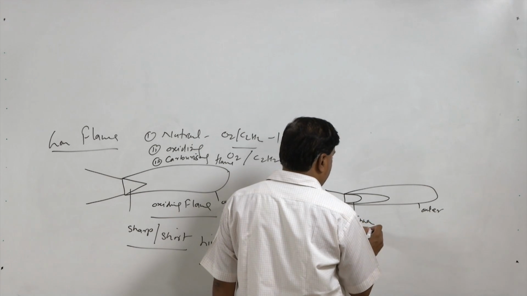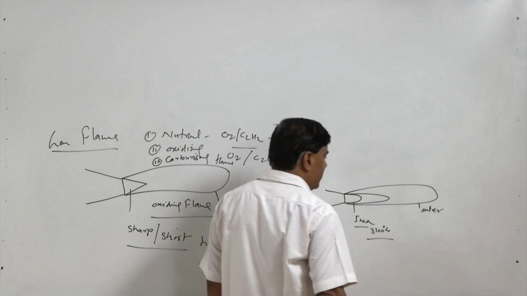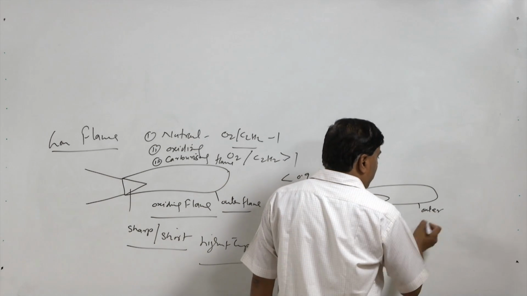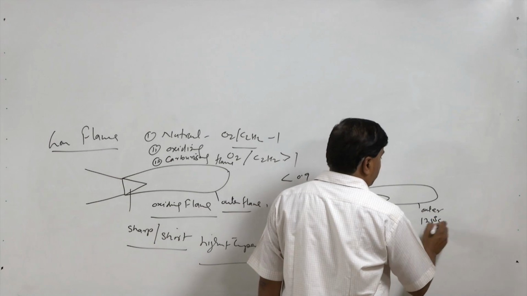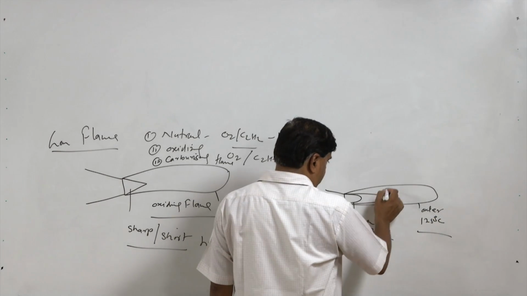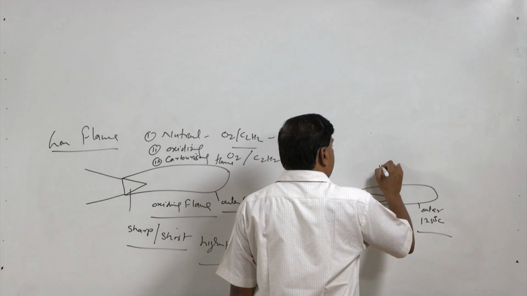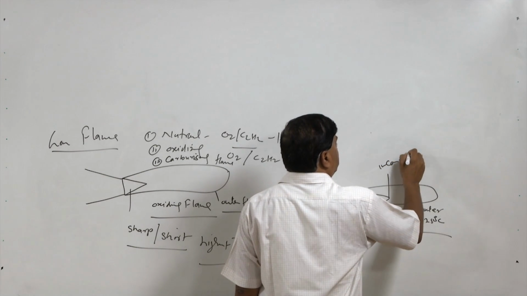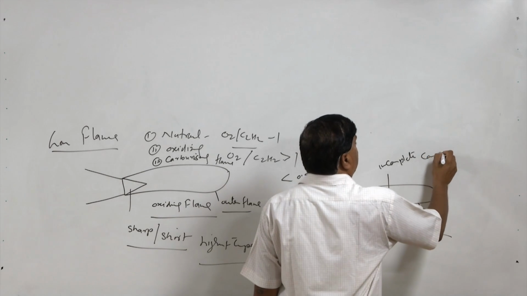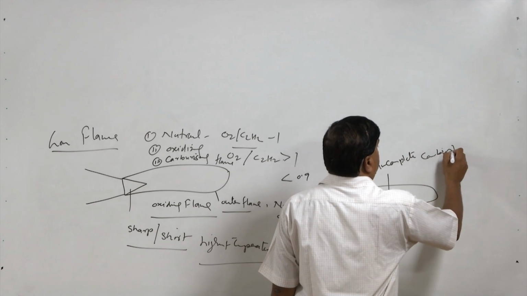The inner cone of course has the higher temperature, like say 3000 or 3100 degree centigrade in case of carburizing flame, and the outer flame say 1250 or 60 degree centigrade. The third flame suggests incomplete combustion.